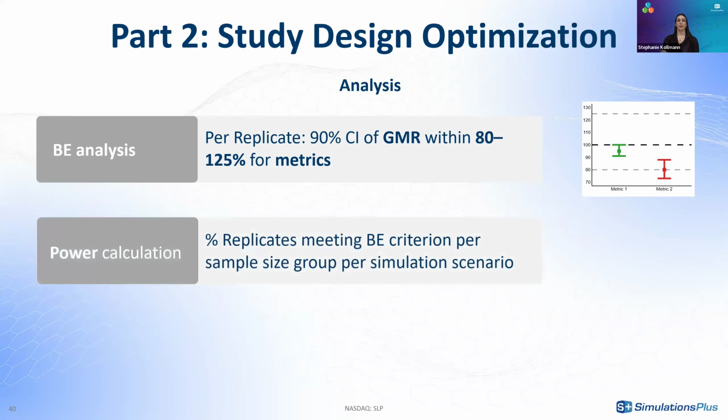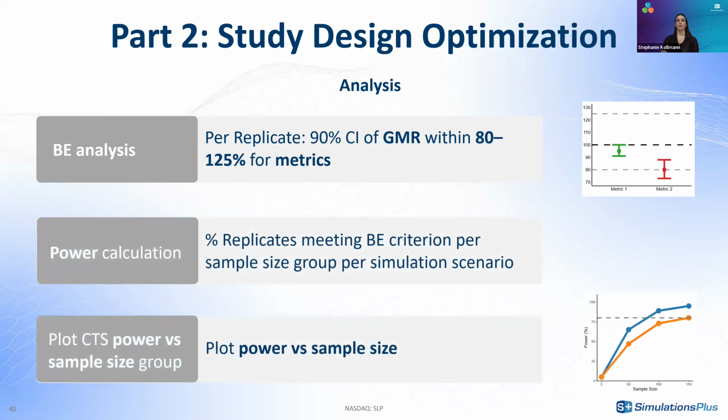We then calculated the percentage of successful replicates per scenario and plotted that against the sample size, giving us the power curves, essentially showing how many subjects are needed to achieve our target power at 80%.